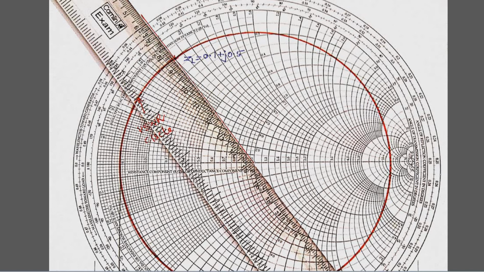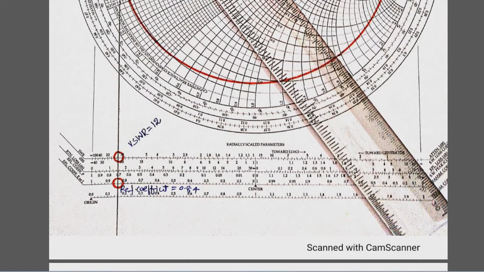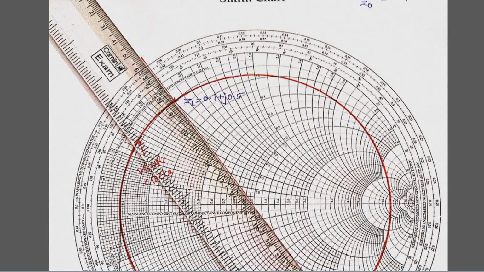Just now we found the reflection coefficient equal to 0.84. Then we have to find the angle of reflection coefficient. For that purpose we draw this straight line from this point to this point.